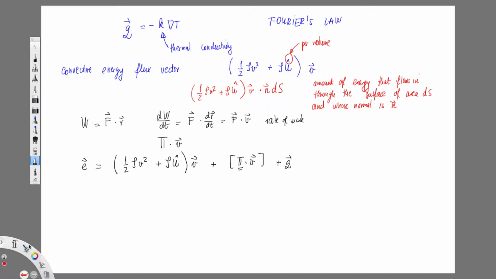And what is P again? Do we remember? P is the pressure term plus viscous tau. So sometimes this is actually added to this part.